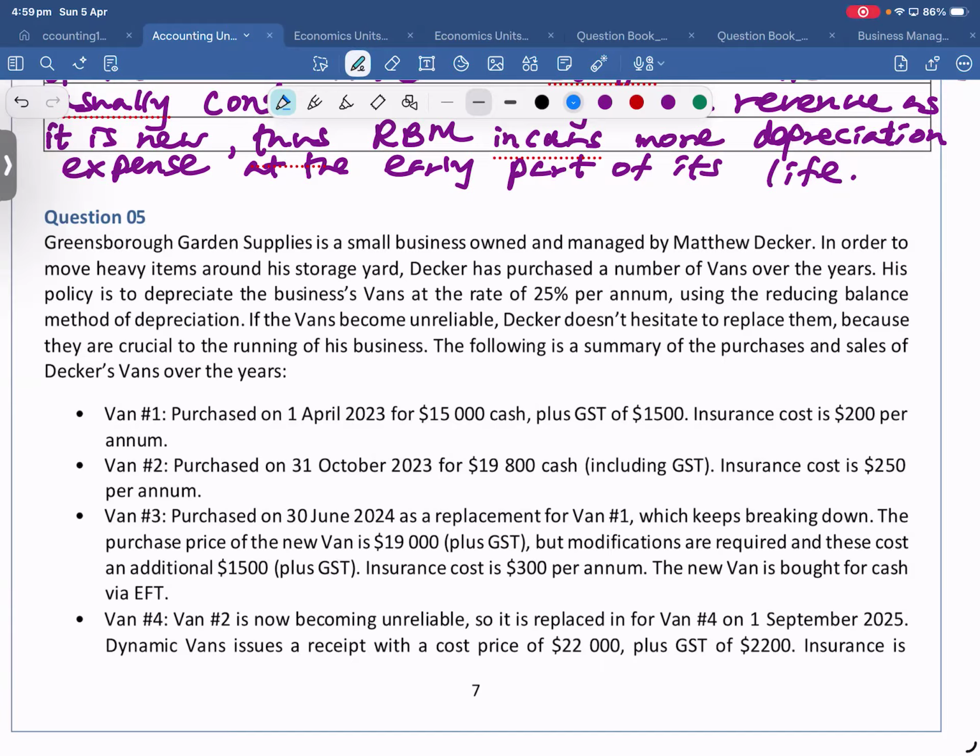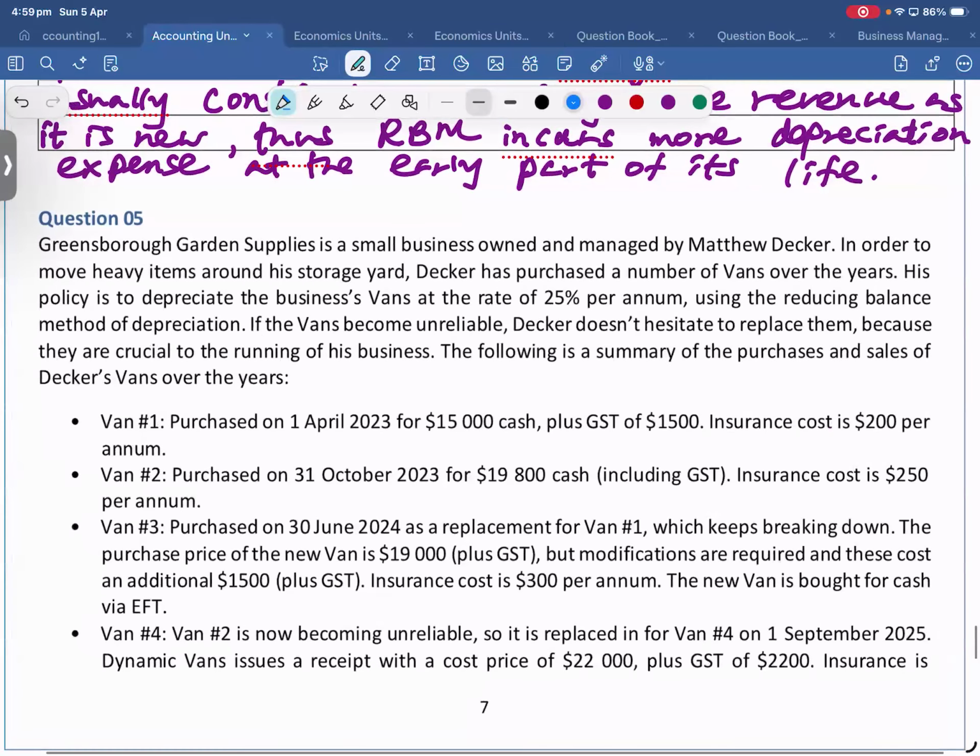Okay, guys, did you read it? Now, what is going on here? Look at this one. Greensboro Garden are purchasing vehicles. Policy is to depreciate the business's van at the rate of 25% using the reducing balance method. If the van becomes unreliable, he's going to replace it.